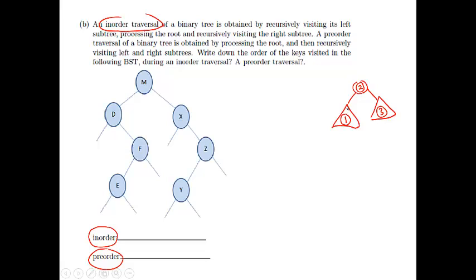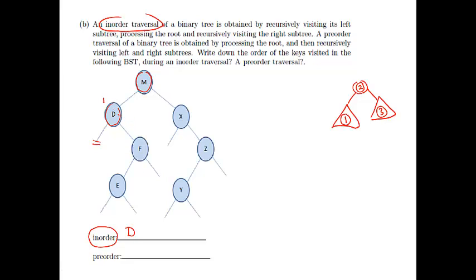So let's see, you want to do this recursively. I'm going to use the color red for this particular purpose. So in this case, you start with the root node, and then you have to go to the left tree. In the left tree, you try to go to the left tree, but there's nothing there. So if the left tree is not there, then you go to the root. So the D would be the first one you print out.